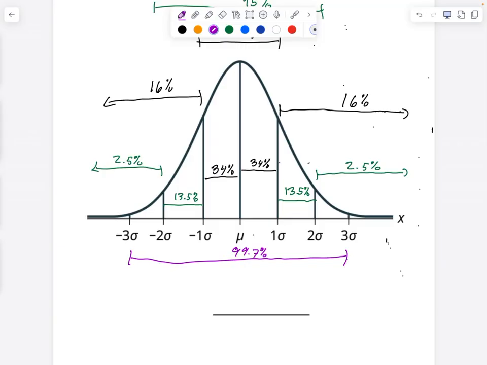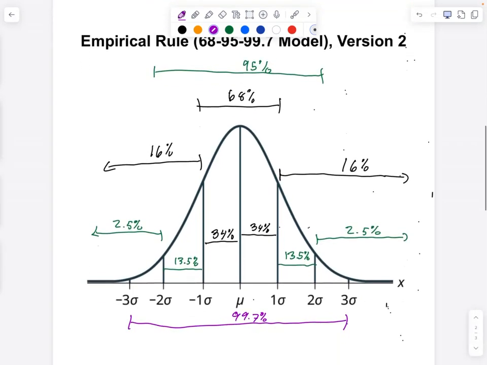And this on the other side is 2.35%. So that's 2.35%. All right, Chloe, you can use Chloe's math.